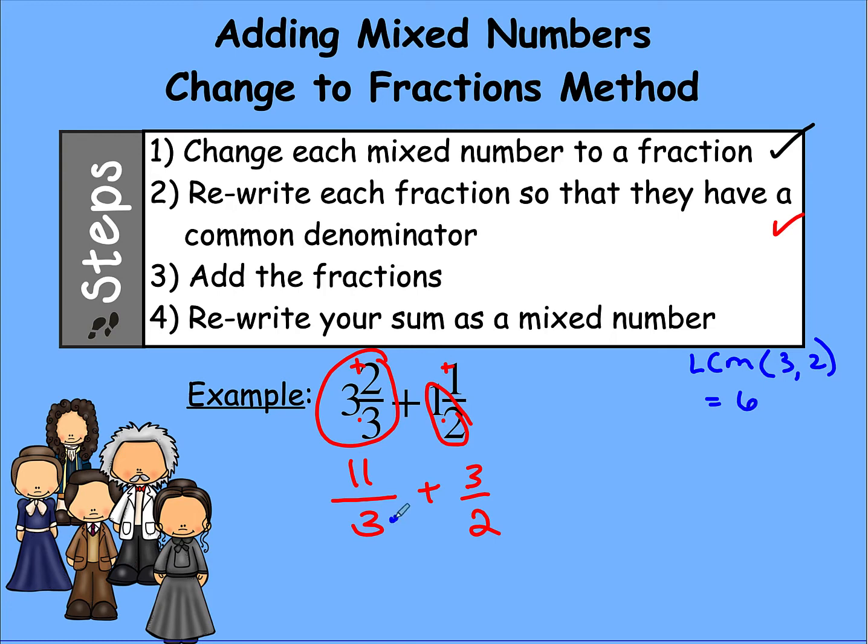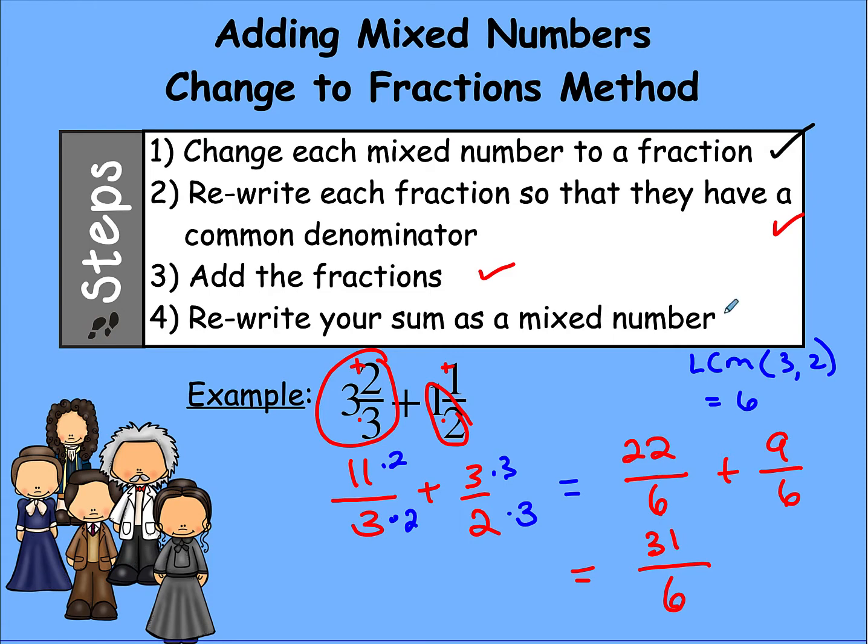So that means I have to multiply the 3 times 2 and the 11 times 2, the 2 times 3 and the 3 times the 3. And now I have a common denominator of 6, which gives me 22 over 6 plus 9 over 6. So I'm going to keep the denominator and add the numerators to add the fractions.